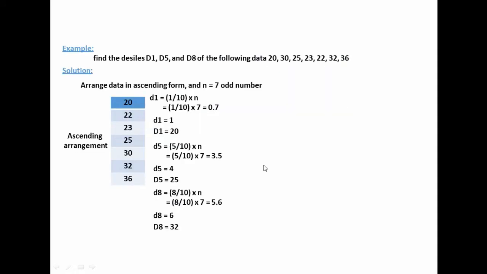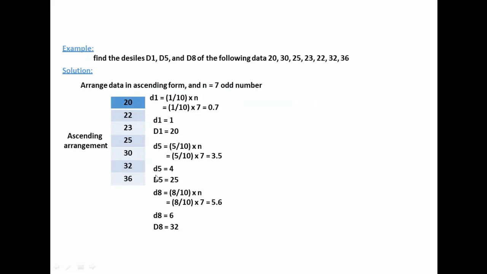Now to find the deciles D1, D5, D8 of the following data, first of all arrange the data in ascending order. We have 7 terms, which is odd. For D1, first of all find the position: 1 over 10 multiplied by 7, which is equal to 0.7. 0.7 rounds up to 1, so at the first position D1 is 20.